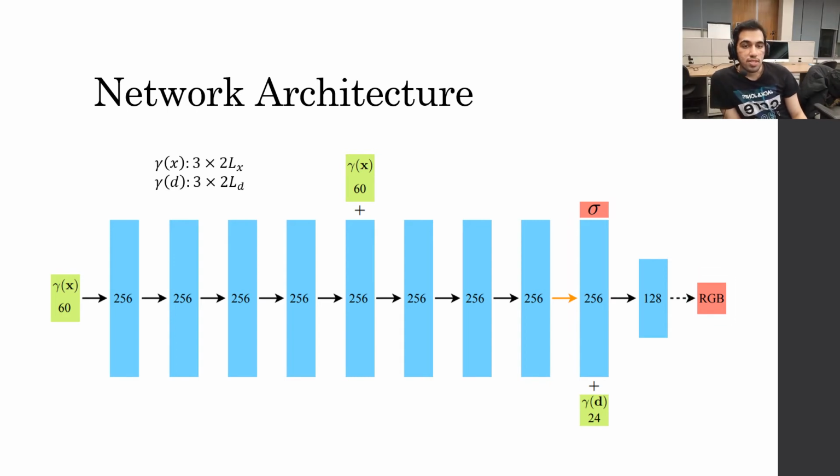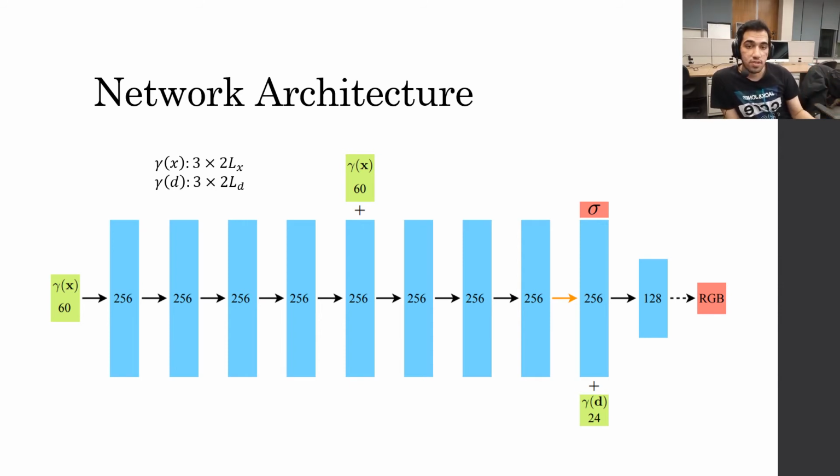The reason that you could see over here the dimension of the position encoding is 60 is that we have 3 features, X, Y, and Z, which is 3. And in the previous slides, I showed that LX is going to be 10, which basically is trying to say that we are going to map each data point from the input space to a 20-dimensional output space, which is 3 times 20, which is 60.